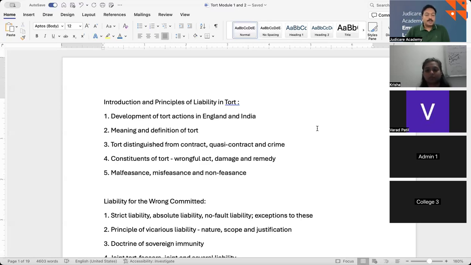Now, it can be traced back in England to a common law. It used to be called common law, where legal actions arose from wrongful acts that caused harm, but were not considered something as a crime. So they were all called as common laws. So its historical background sits in the common laws.